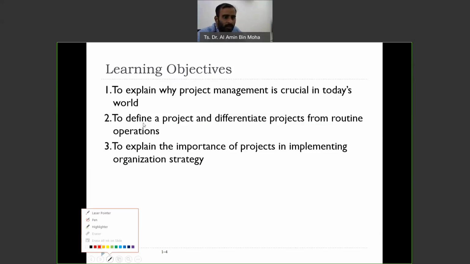It means that you need to understand what a project is and what routine operation is. You need to know the differences. And also to explain the importance of projects in implementing organization strategy.